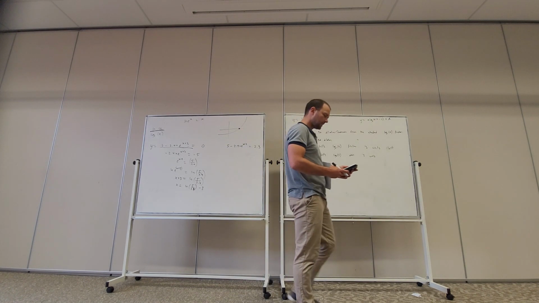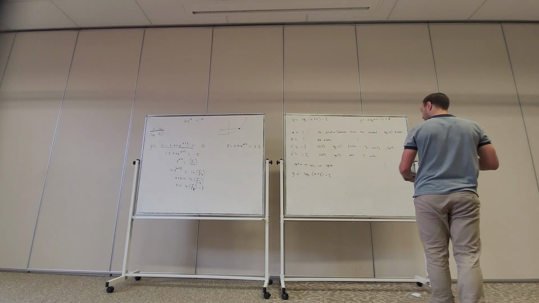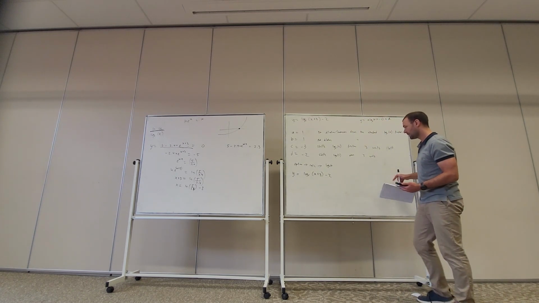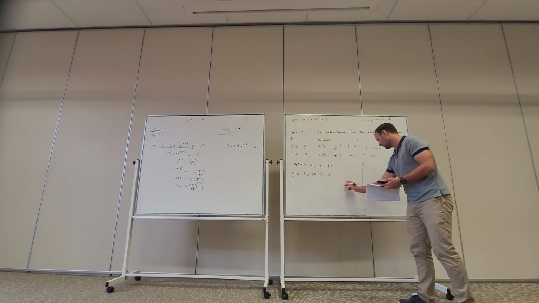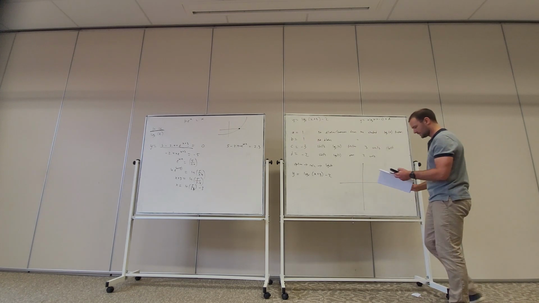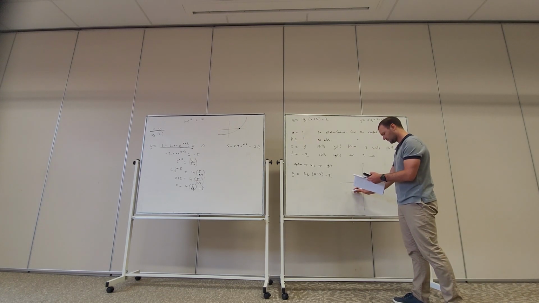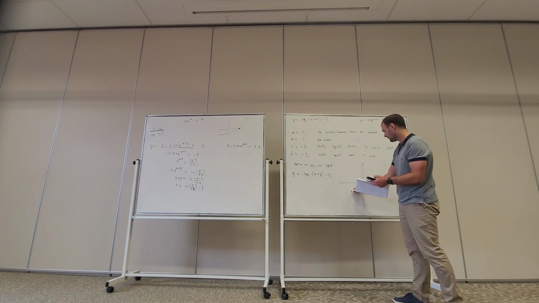Just go to V window standard for now. If your calculator's popped out anything like mine, it should look pretty well the same. It sort of looks like it starts here and goes like this.